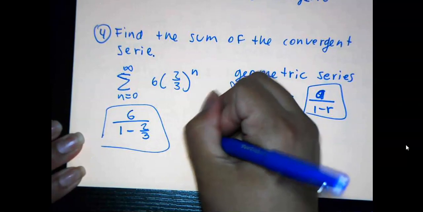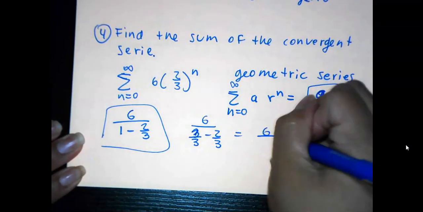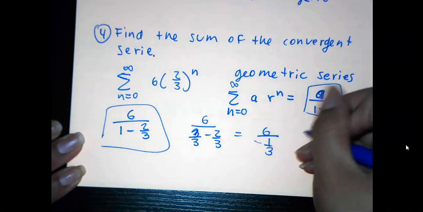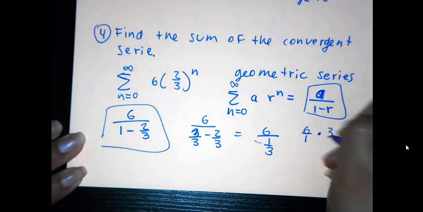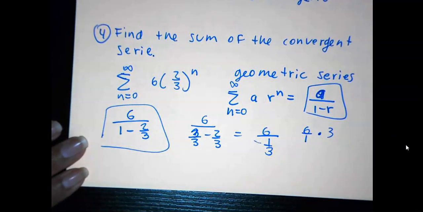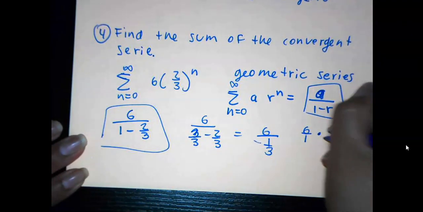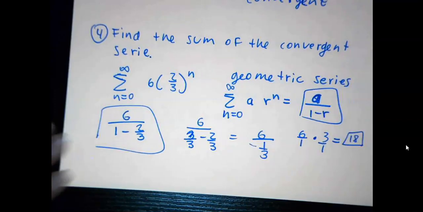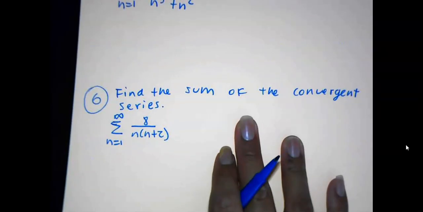Common denominator 3/3 minus 2/3, which will be 6 over, 3 minus 2 is 1. The denominator can be 1, so 6 over 1, and we copy, change, flip. 6 times 3 is 18. Okay? Next one. That was a geometric series.